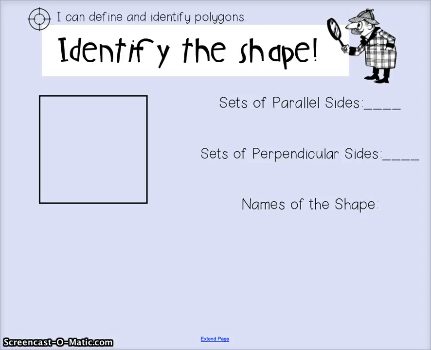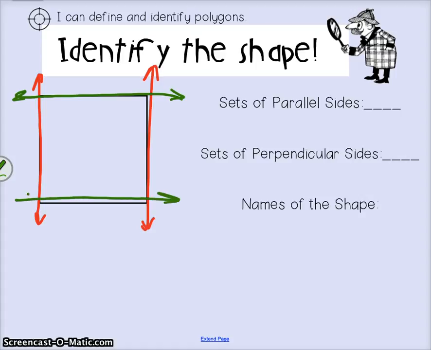Let's think about this one. How many parallel sides, sets of parallel sides does it have? 1, 2, that's 1 set. Here is another set.